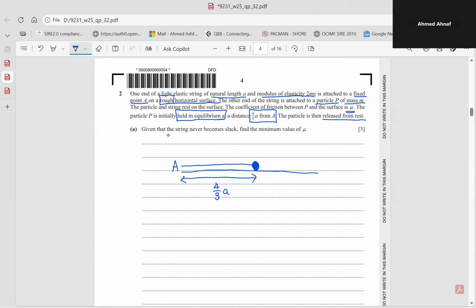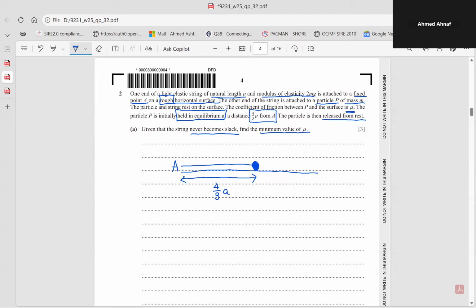For the first part, we are told that the string never becomes slack, so that means the tension never becomes 0. So there's always elastic potential energy because it's an elastic string. We need to find the minimum value of mu.